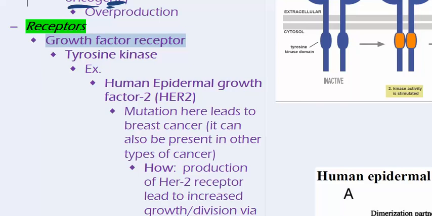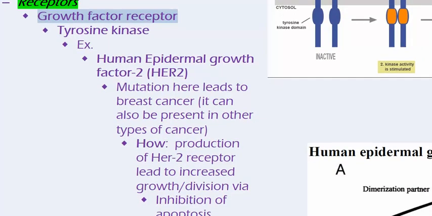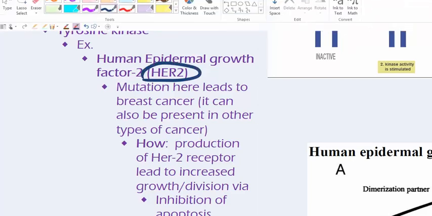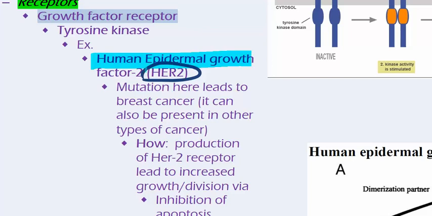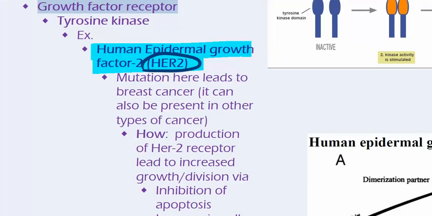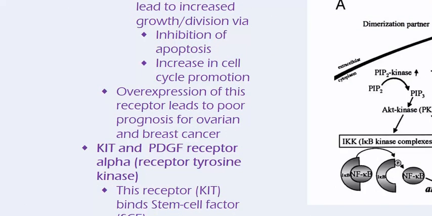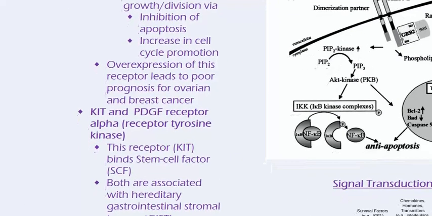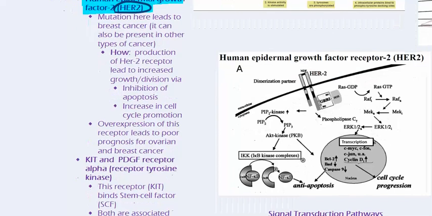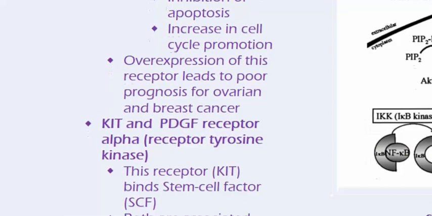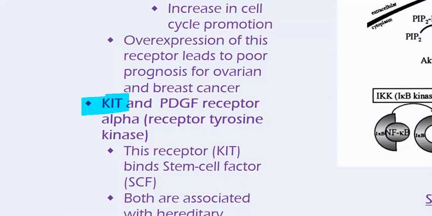Specifically, you have your HER2, which is human epidermal growth factor receptor 2, the first one mentioned, a tyrosine kinase. The other ones mentioned that are also tyrosine kinases are KIT and platelet-derived growth factor receptor alpha.